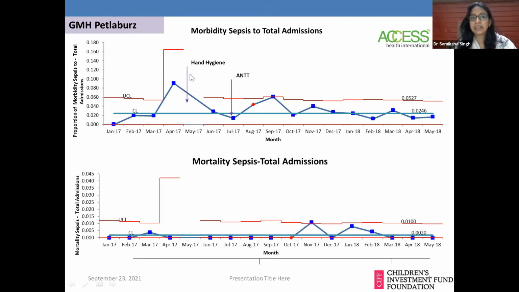Here again, they started doing hand hygiene and aseptic non-touch technique in 2017, and by the end of just 1 year, by doing it properly, they saw reduction in admissions due to sepsis in inborn admissions. I hope this example motivates you all to look into how surveillance can really help you along with the interventions that you should be doing.